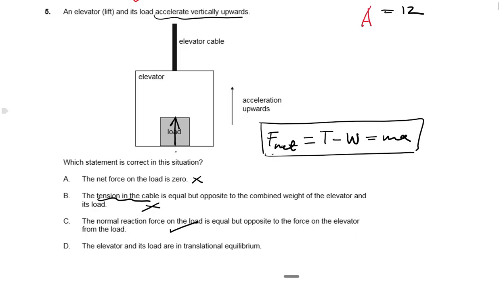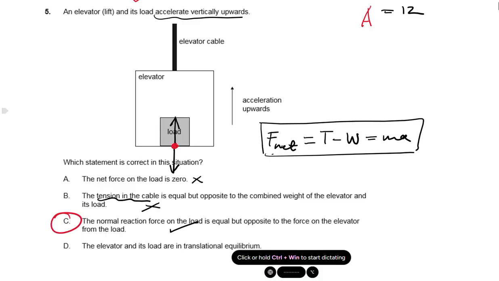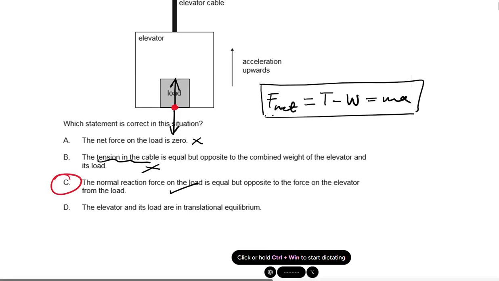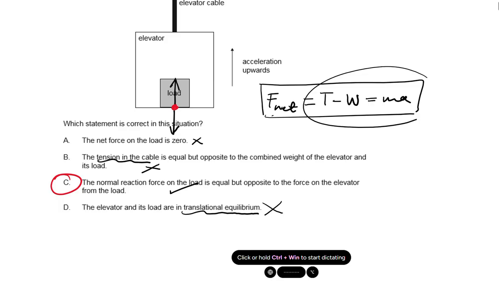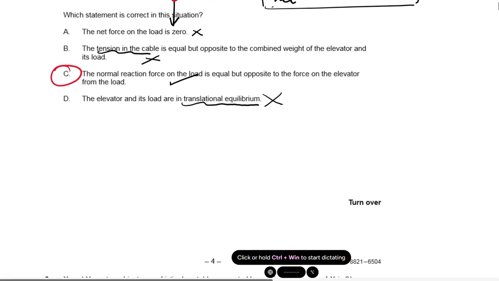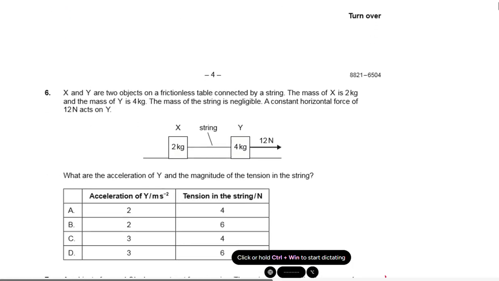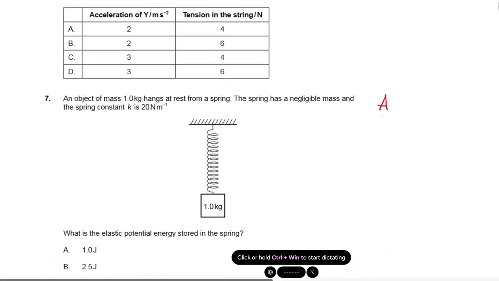So there's an equal and opposite reaction here, and so C is our correct answer. And let's check D. The elevator and its load are in translational equilibrium. That is false, right? We have an acceleration. That means it's not in equilibrium. And now we did this one.